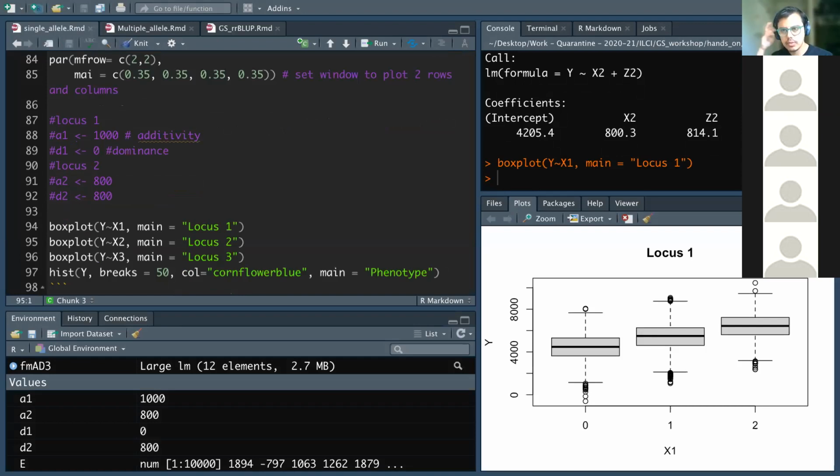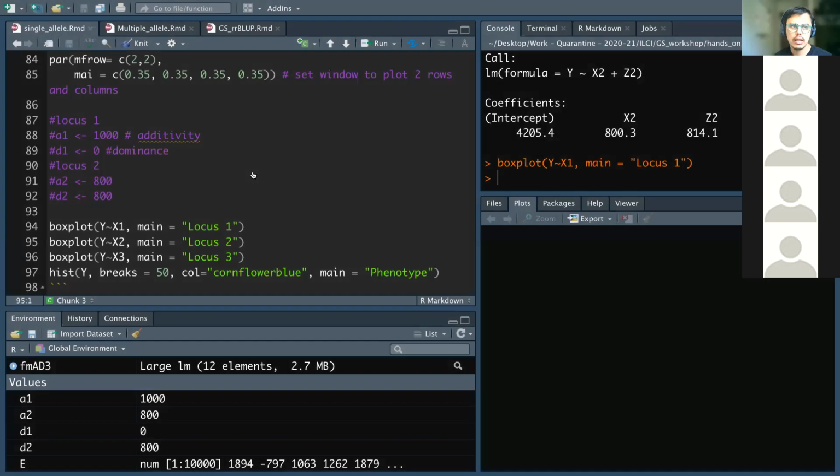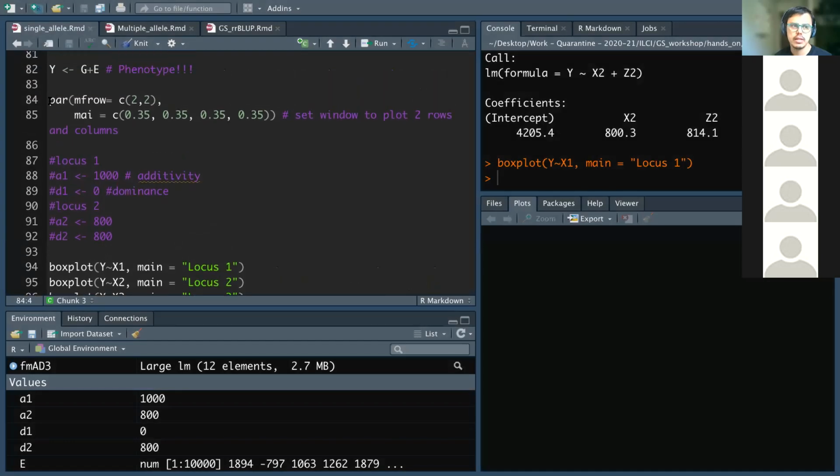As I want to show you all the graphics in the same window, that is why I use this function. That function is for a plot function. And basically what I'm doing here is that I want to split the window to make the plot in 2 rows and 2 columns. So that is what that means here.